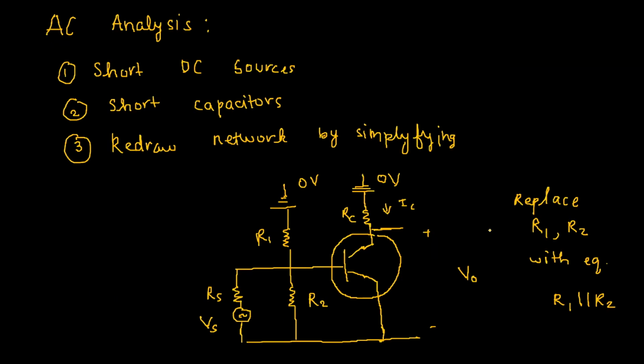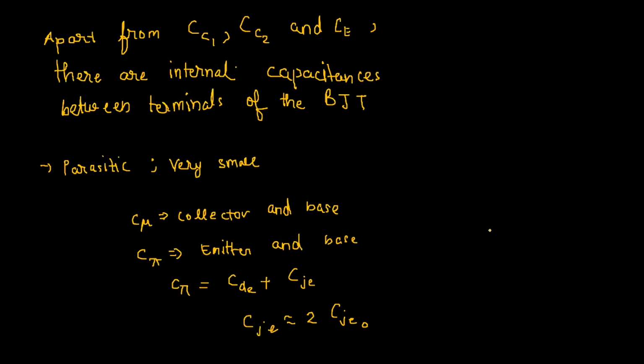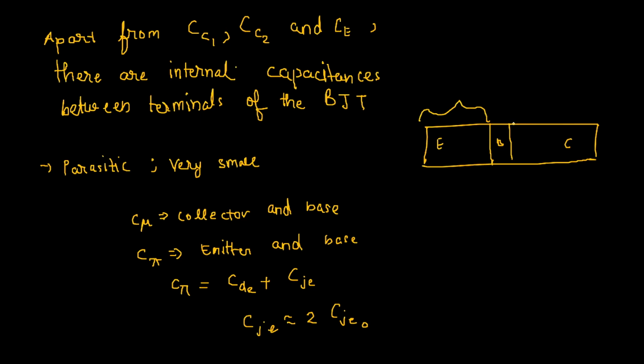Apart from these three capacitors, there are also inbuilt capacitors between terminals of the BJT. Since this is our bipolar junction transistor, this is our emitter, this is the base, and this is the collector. Like I said at the start, this behaves very similar to two different PN junction diodes, and we know that there is a depletion region in between both of them.